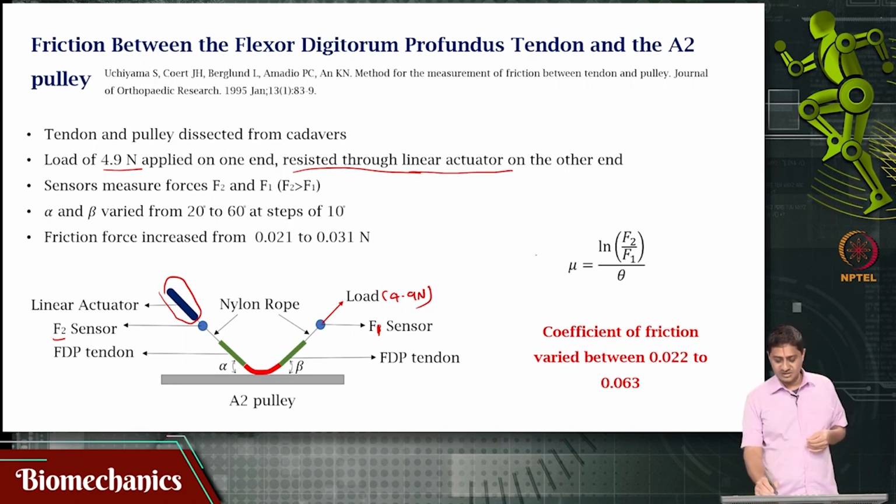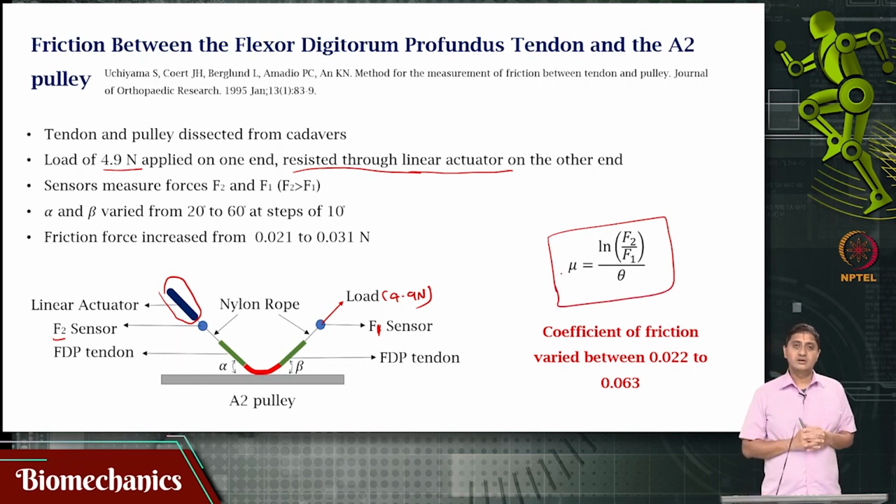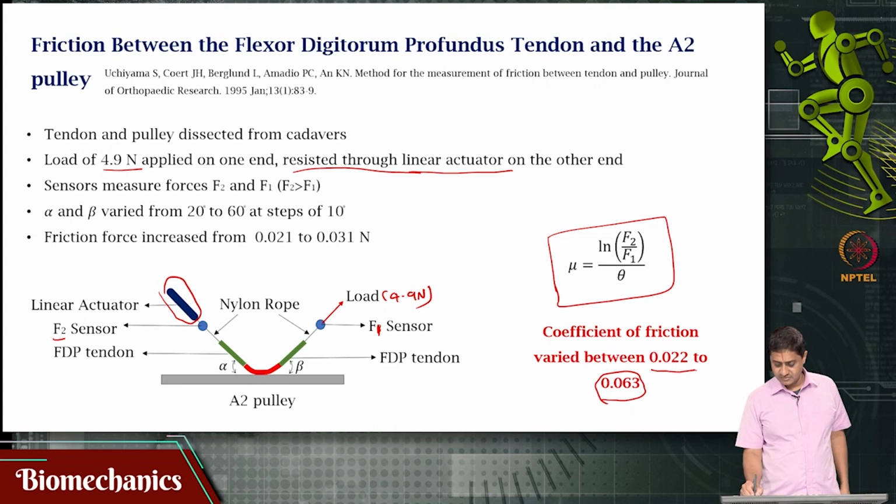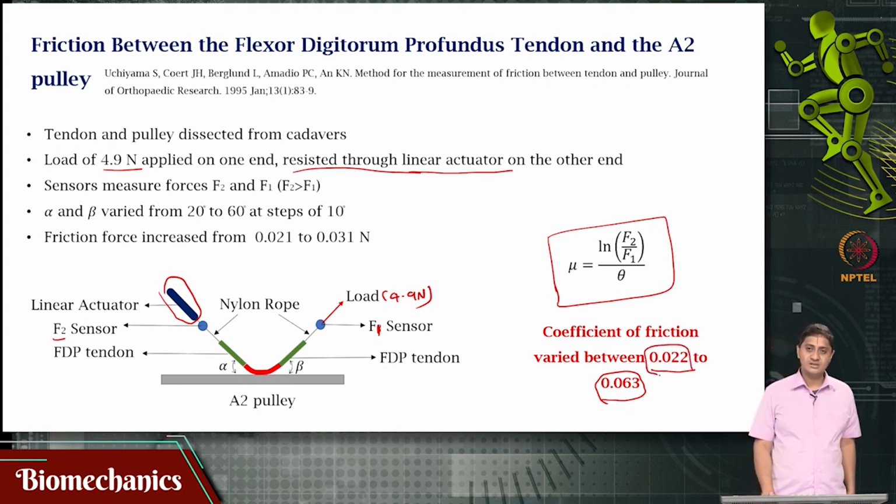And they used this formula to compute the coefficient of friction between the A2 pulley and the tendon, and they found that the coefficient of friction between the A2 pulley and the flexor digitorum profundus tendon is between 0.022 and 0.063. These are really small numbers. Remember that these are well lubricated systems.